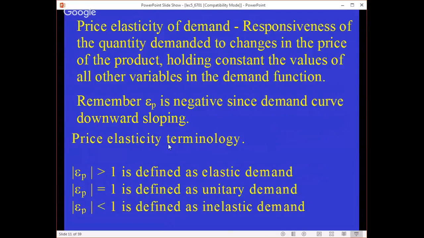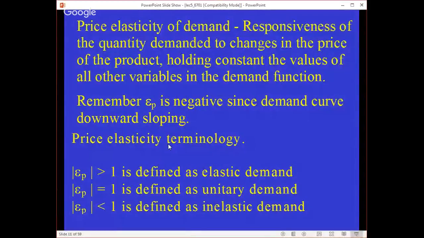That means a 10% increase in price gives me a 10% decrease in the quantity demanded. And finally, inelastic demand, the absolute value of epsilon P less than 1, means a 10% increase in price leads to less than a 10% decrease in the quantity demanded.